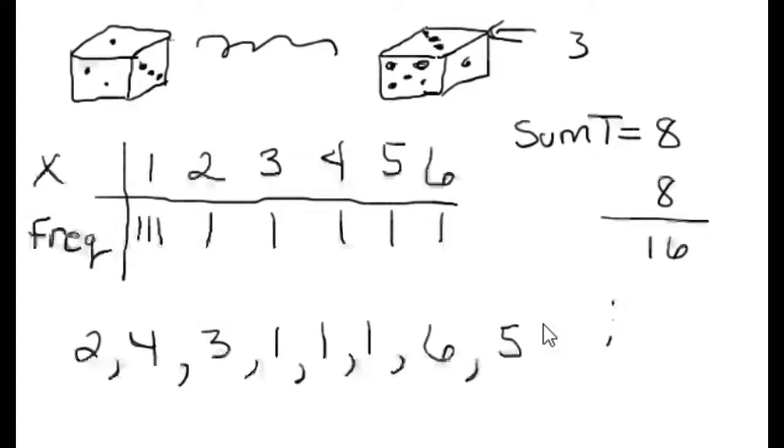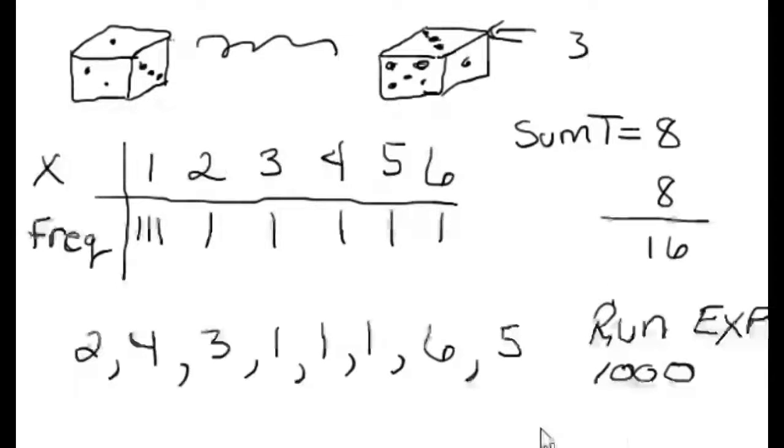We're keeping track of these sums because we're going to continue to do this experiment a bunch of times, probably 1,000 times, 10,000 times. The more times you run the experiment, we're going to find out what number this average converges towards.